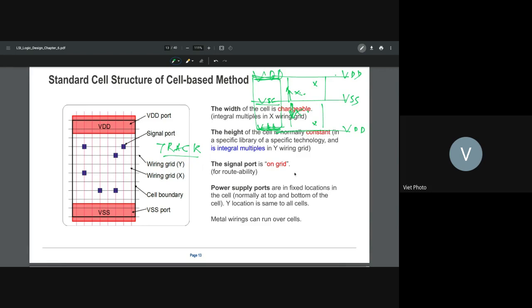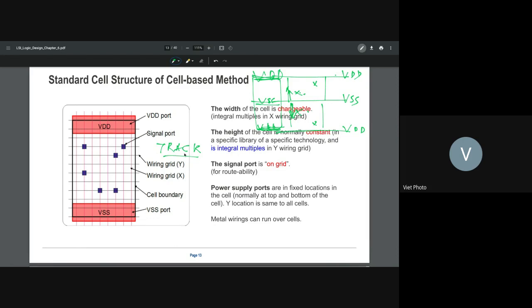So the width, okay, by the way, the height is fixed to the cell height, or multiple cell heights, but the width will be a multiple of the wiring grid, or the wiring track.